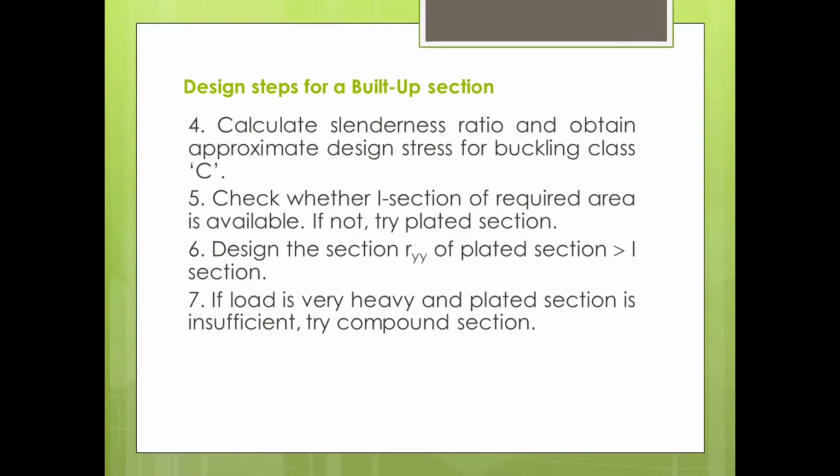If load is very heavy and the plated section is insufficient, then try a compound section. It means you can use double I section, double channel section. Then select two channels face to face or back to back, anything.